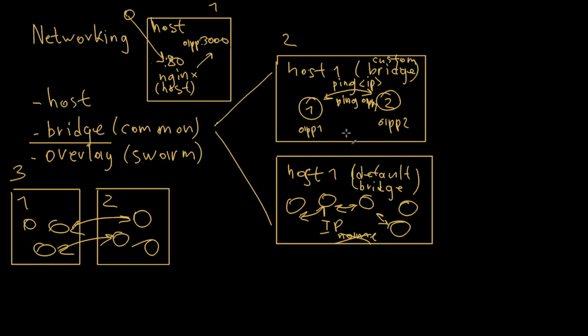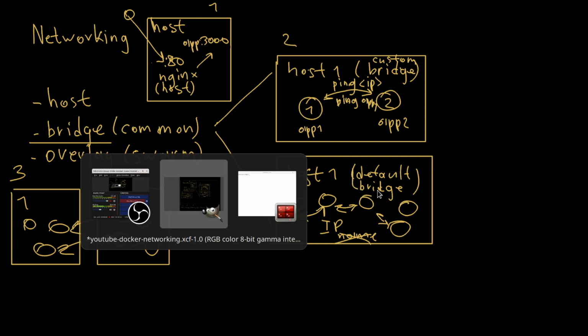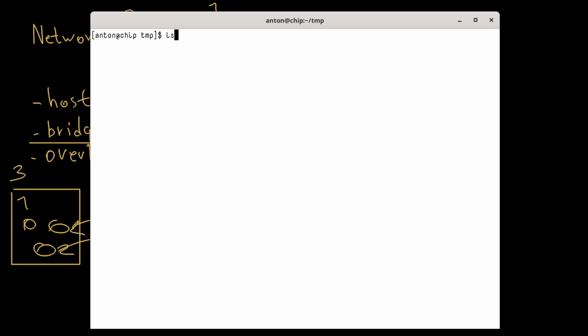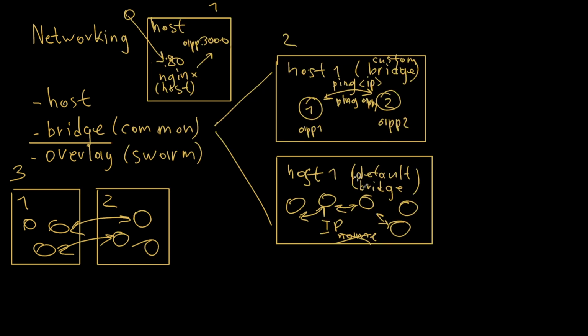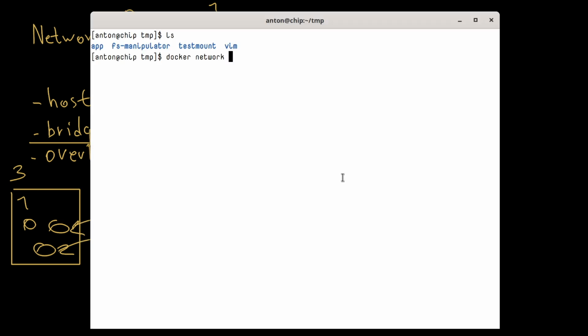bridge network that is created by default and should exist on your system. You have several commands to manage your networks, and this is very similar to how we managed volumes in the previous video.